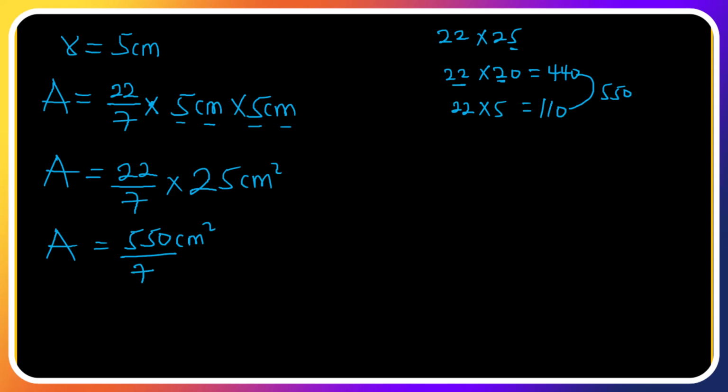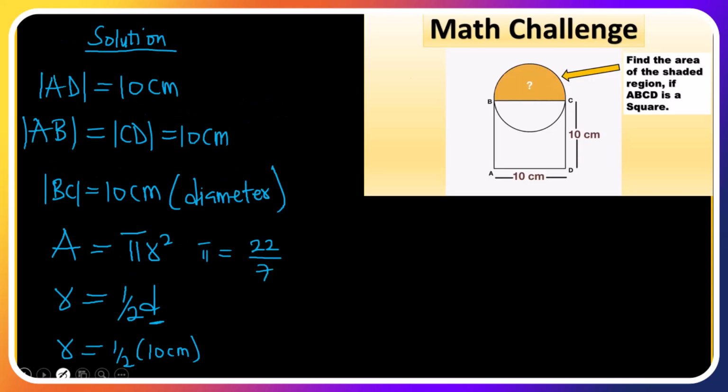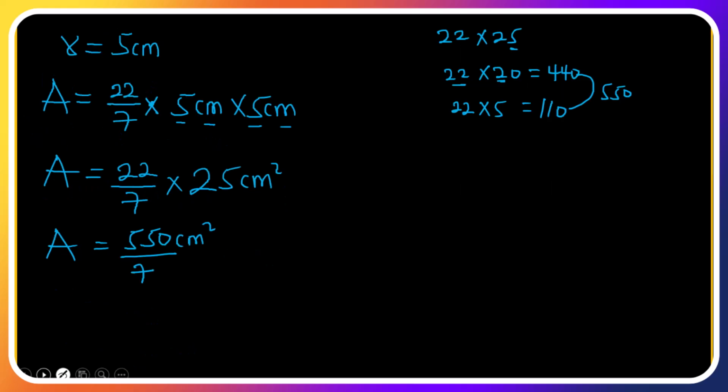All divided by 7. But from our question, we were to find the area of the semicircle sitting on top of the square, and that is half the area of the circle. So we are to find half the area of our circle, which is 550 divided by 7 multiplied by half.